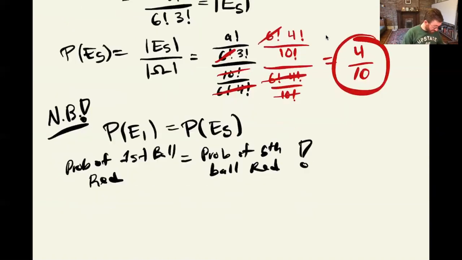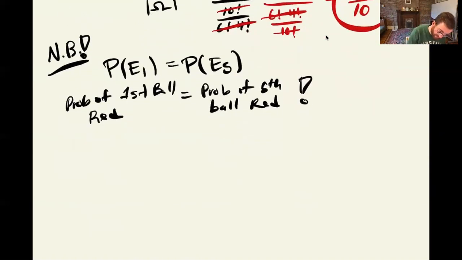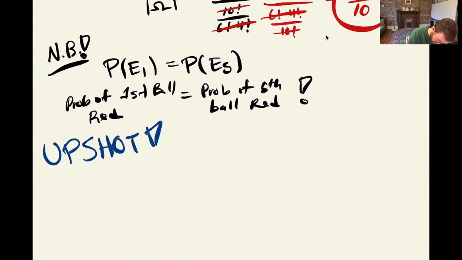All right, so important lesson here. I'm going to go ahead and put this in blue. So here's the upshot. As long as we don't know any information, the probability of the first event doesn't, in this case, affect the probability of the 5th event.